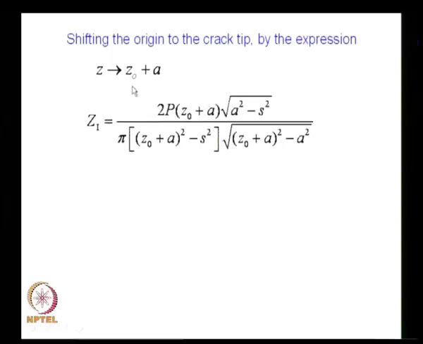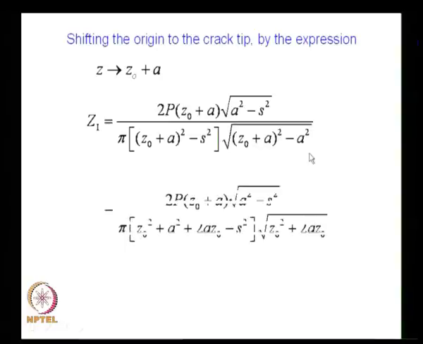So, when I substitute z equal to z naught plus a, I get z1 as 2 p multiplied by z naught plus a root of a squared minus s squared, divided by pi multiplied by z naught plus a whole squared minus s squared, multiplied by the square root of z naught plus a whole squared minus a squared. This is fairly simple to simplify.